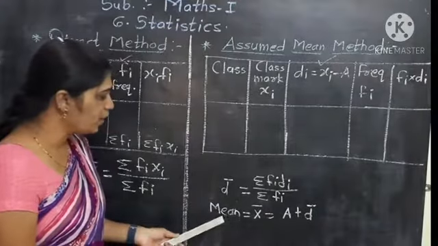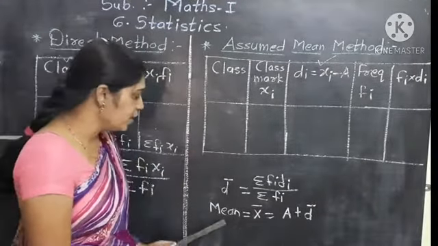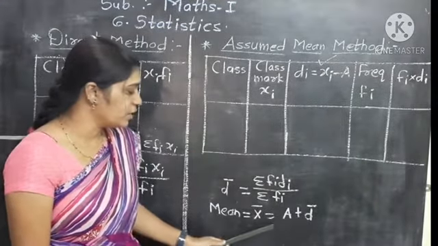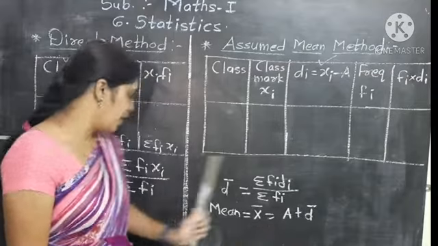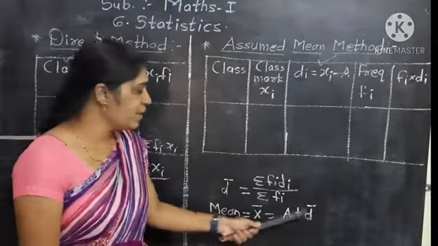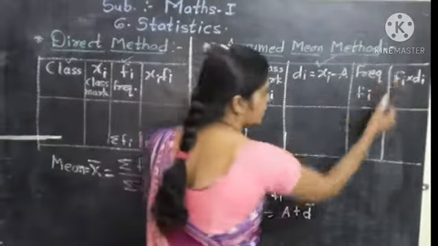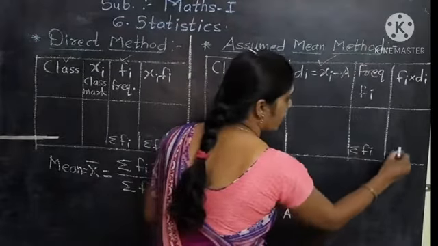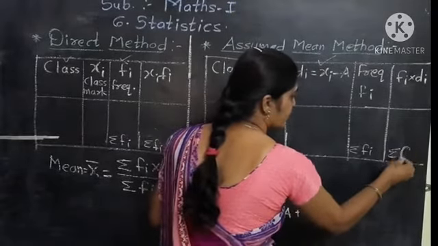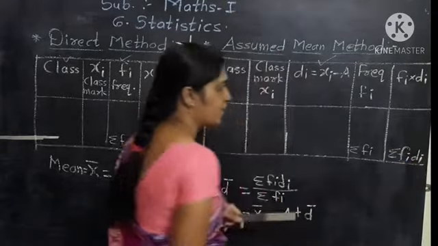What is the formula for finding the mean by the assumed mean method? Mean, x bar, is equal to a plus d bar. Here d bar means summation fi di divided by summation fi. This is summation fi and this is summation fi di.